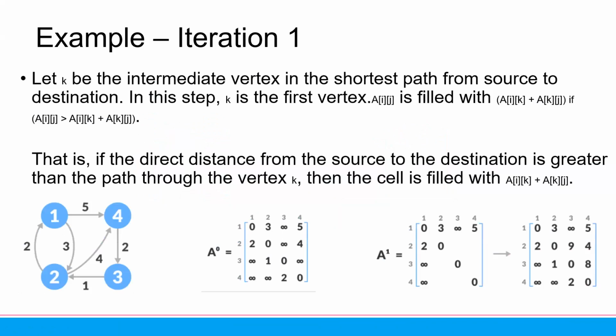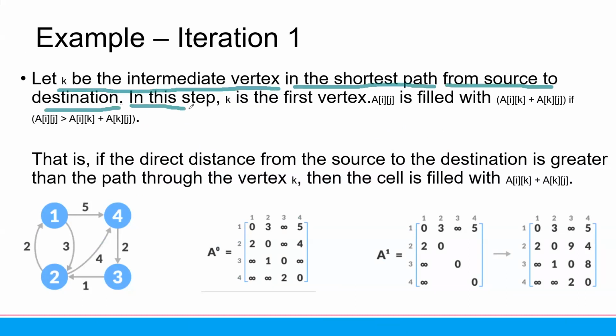As we know before, we need to find the k, which is the intermediate vertex. Let k be the intermediate vertex in the shortest path from source to destination.